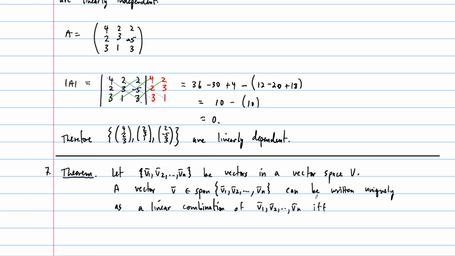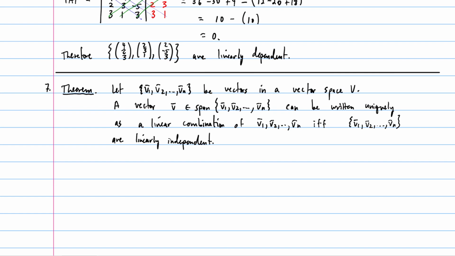This is going to be true. We're going to be able to do this if and only if these vectors are linearly independent. So v1, v2. And the uniqueness part is what really makes this important here. So it's always, if we have a span, then it's always going to be possible to write our vector as a linear combination of the vectors v1 through vn, because that's the definition of the span, right?